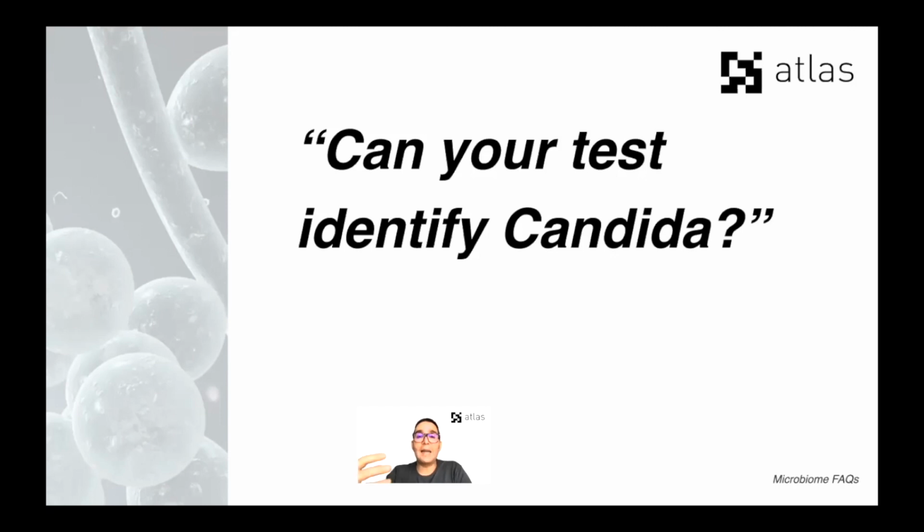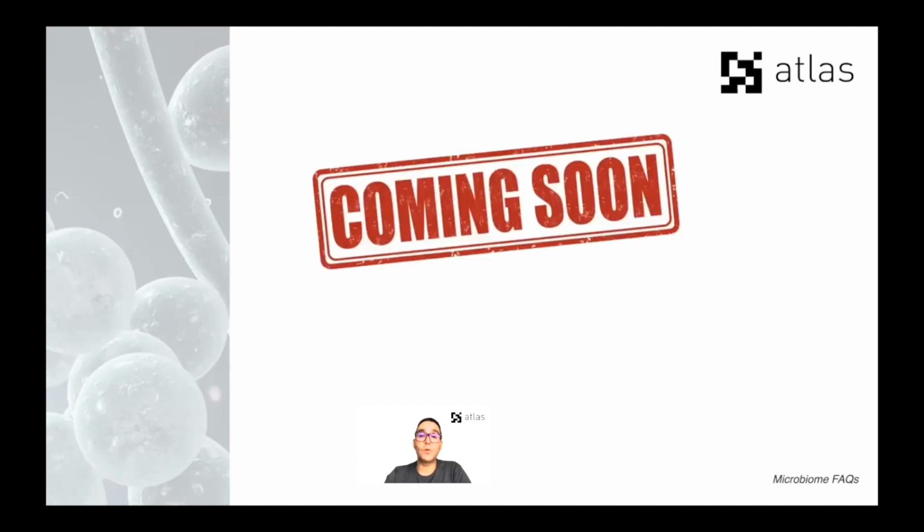And in exploring those new methods, we are probably very soon to release a test that will accompany the fungi and potentially other microbes as well in the gut. So that is something that I wanted to say because it keeps coming back to us a lot.